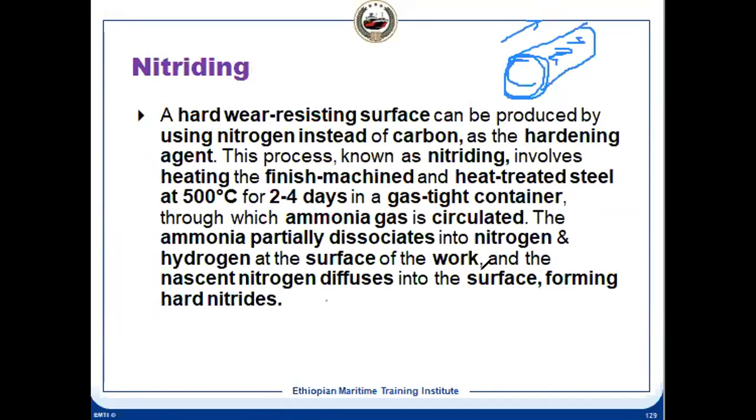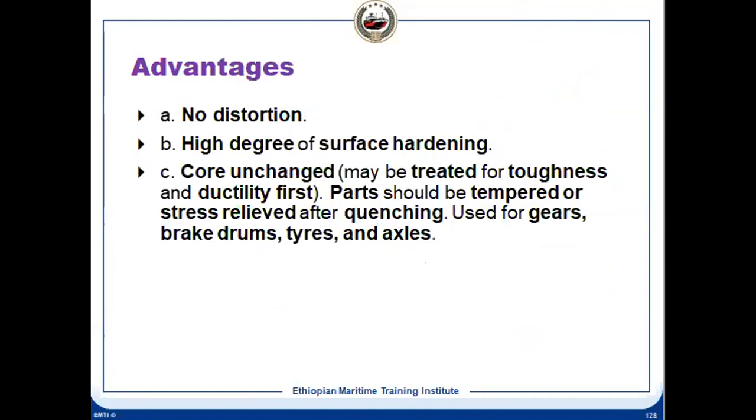Another is nitriding. Sophonias, tell me. Okay, thank you, Jeff. Whenever we do hardening, after that we cannot make it soft by heat treatment. We do tempering, which gives some degree of ductility.